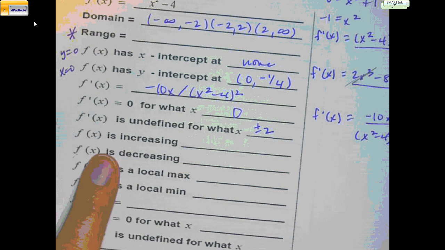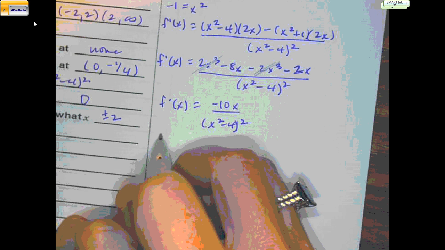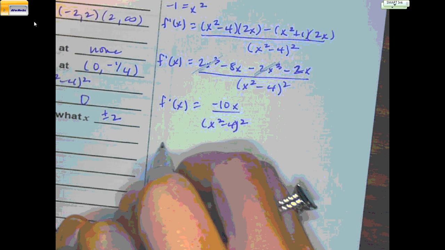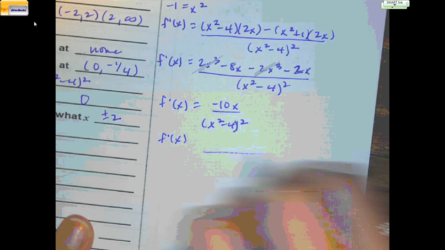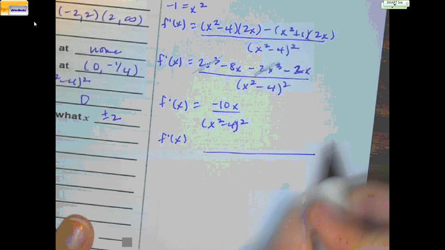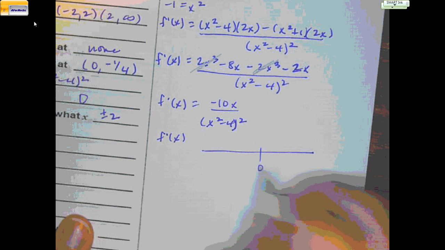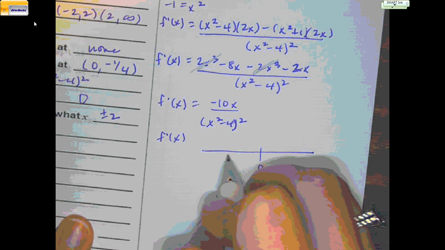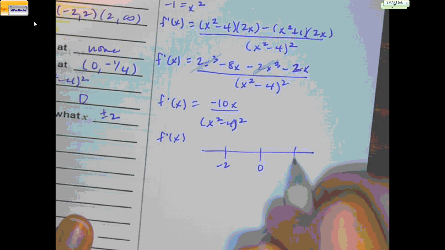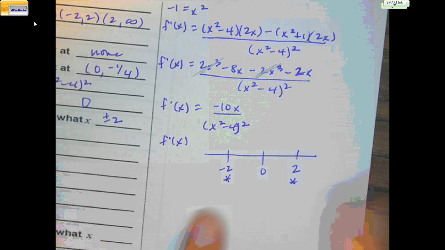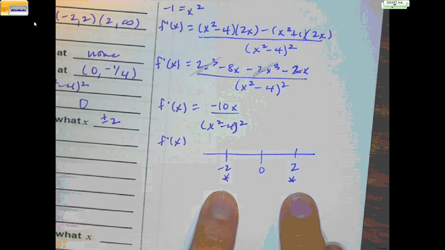Where it's increasing, that's where we do our first derivative test. So what numbers go on this number line? 0. Anything else? Right. And I'm going to put little stars on these two guys because those are undefined. There's not actual points there, but they are critical to our graph here.